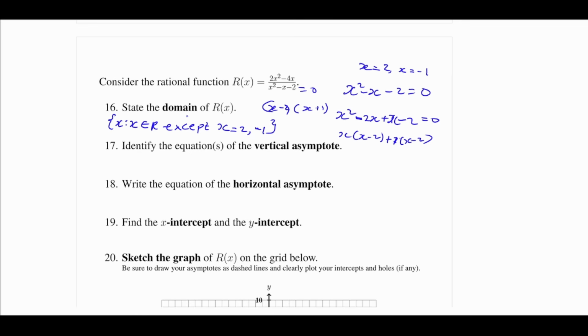Or someone might choose to write it in the bracket notation.